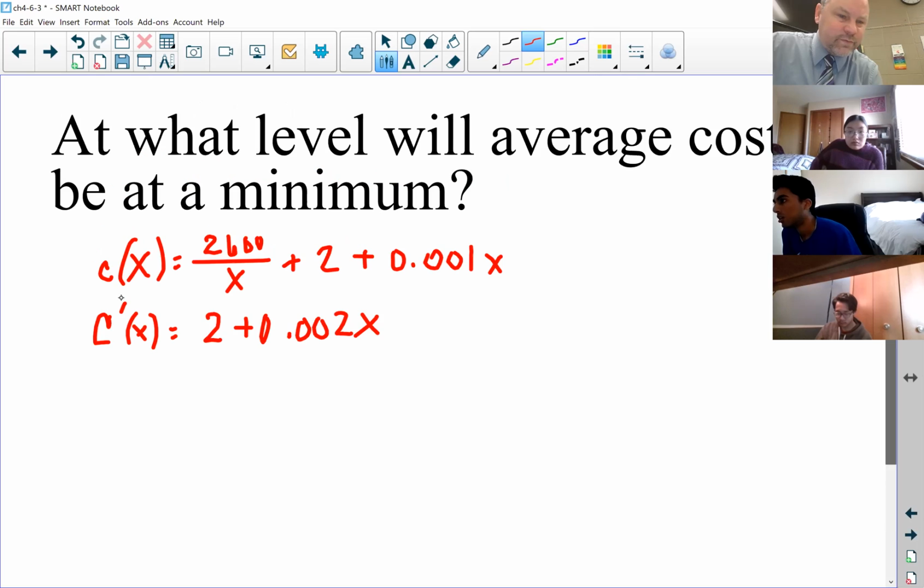So finding that minimum, we set the two equal to each other.